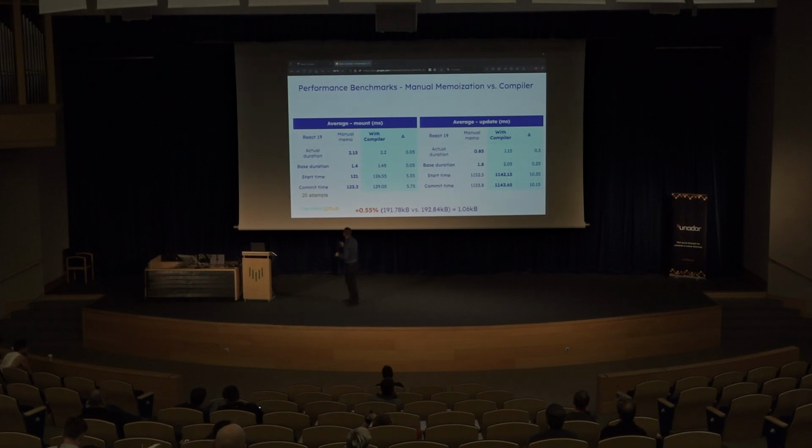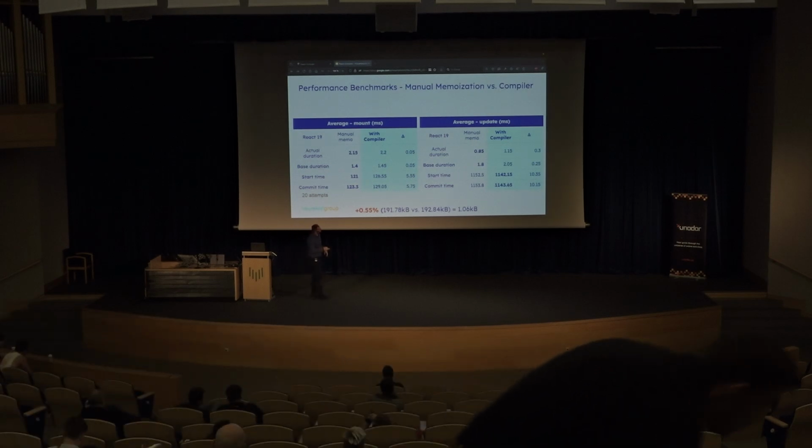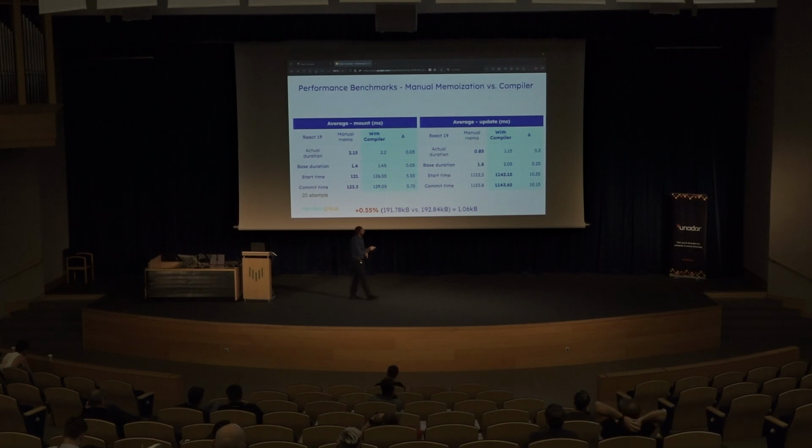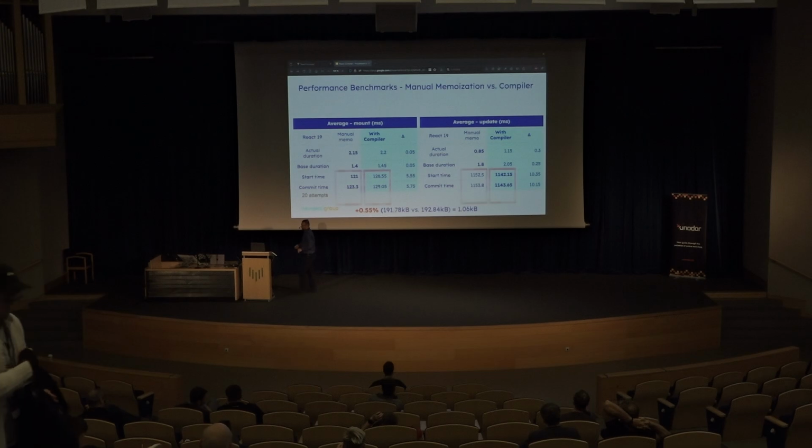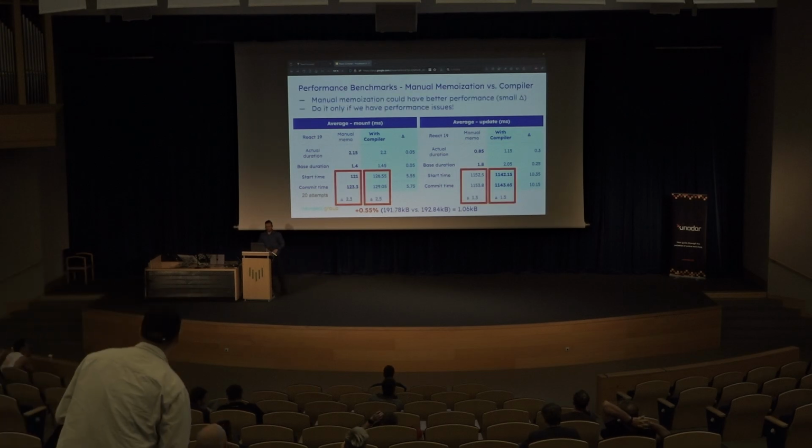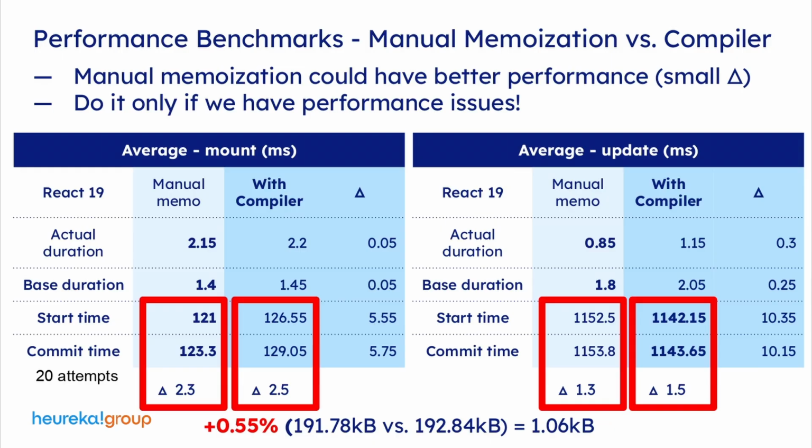It's about a few chunks of milliseconds. Even the deltas between start time and commit time are very small, and even for updates it's almost nothing. So maybe you still need the manual memoization stuff. It could give better performance for applications, but do it only if you have performance issues.